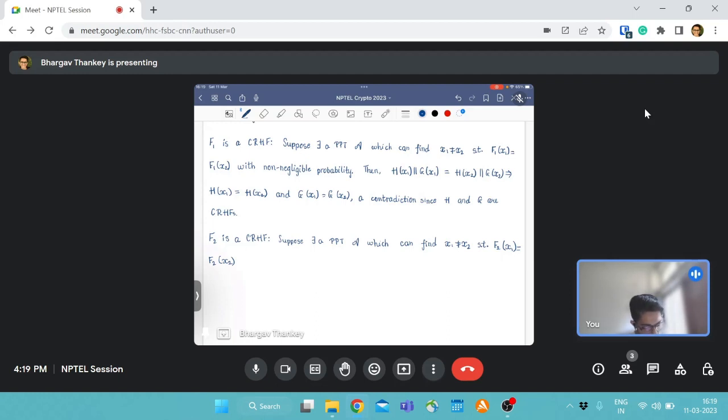That is, it can find a collision for f2 with non-negligible probability.